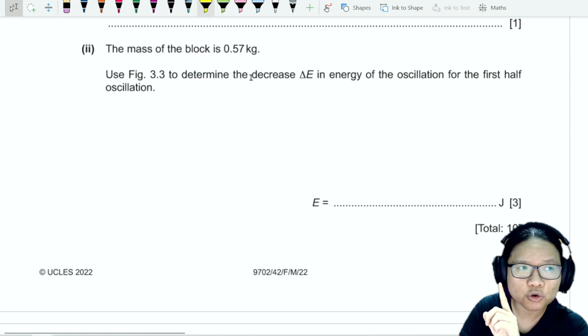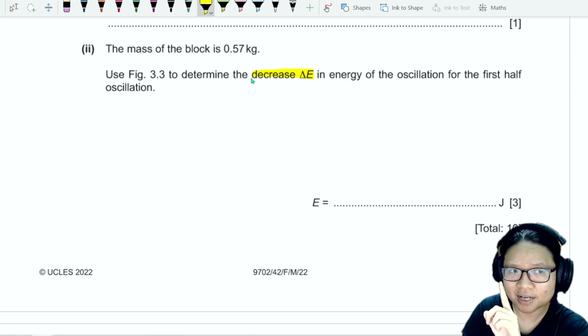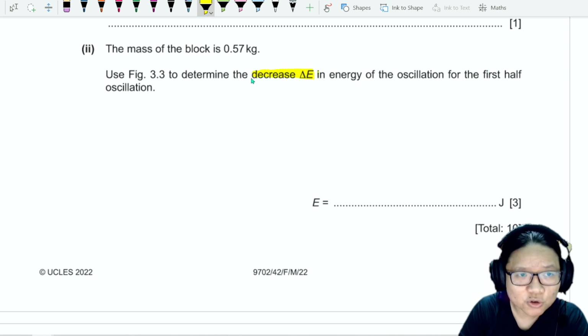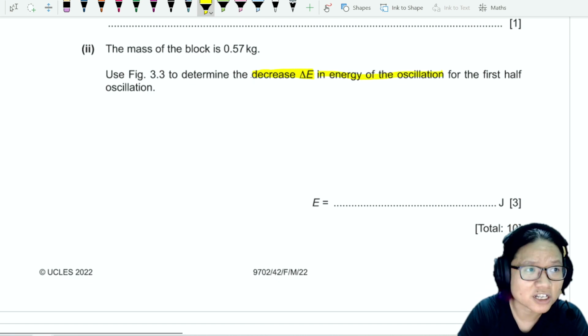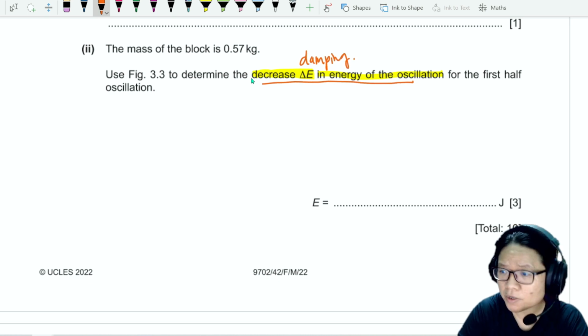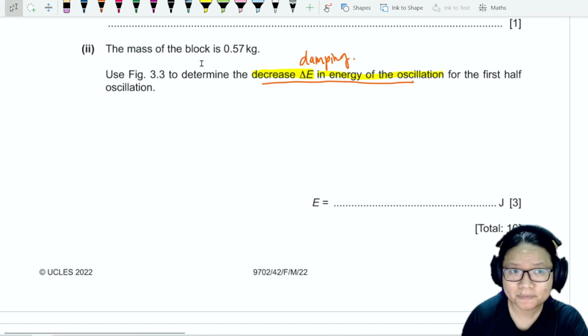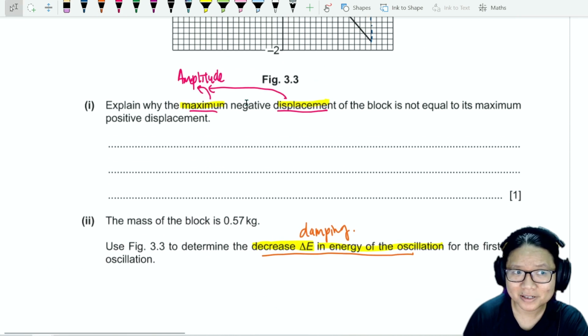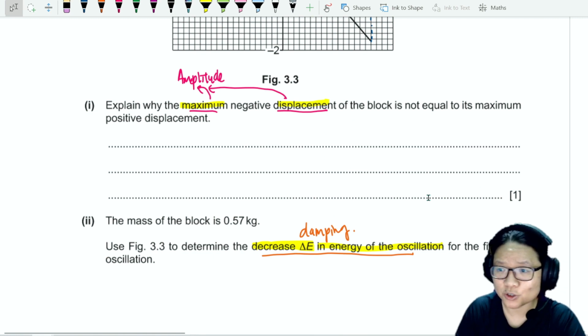Determine the decrease in energy. So this is also another hint. If there is a decrease in the energy of oscillation, this means there is damping. So if there is damping, this is why the amplitude drops.